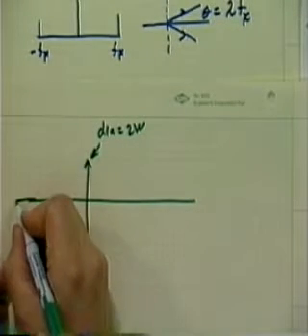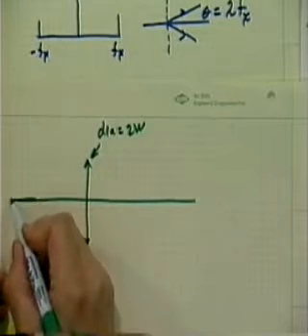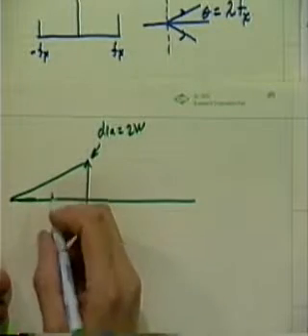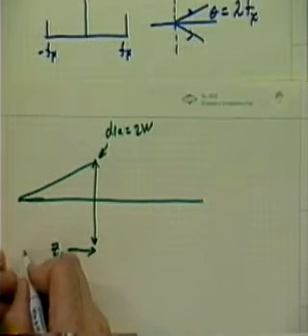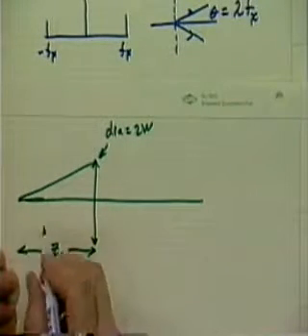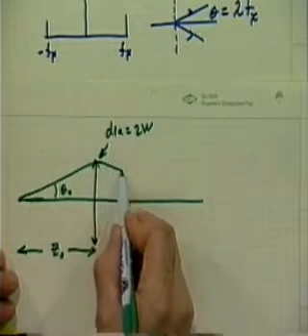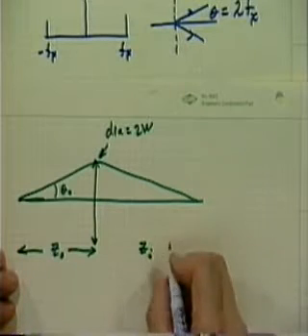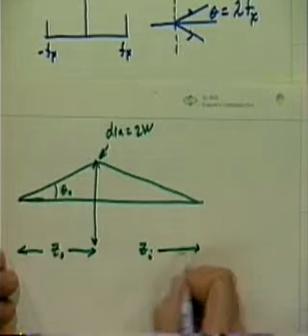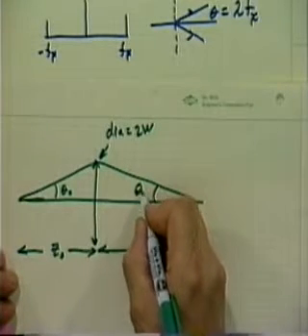The object is over here, the distance z 0 away, at angle theta 0. And the image is over here someplace, z sub I away. So this is theta sub I.